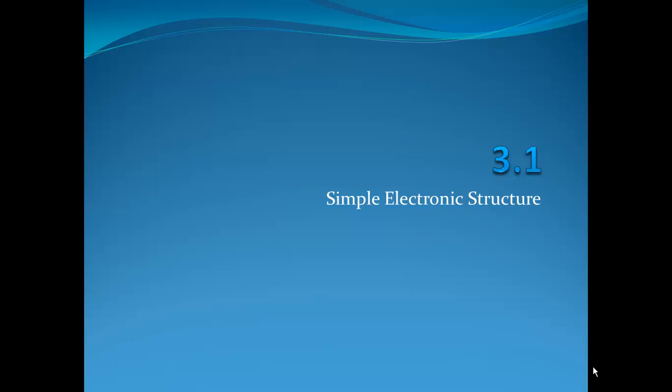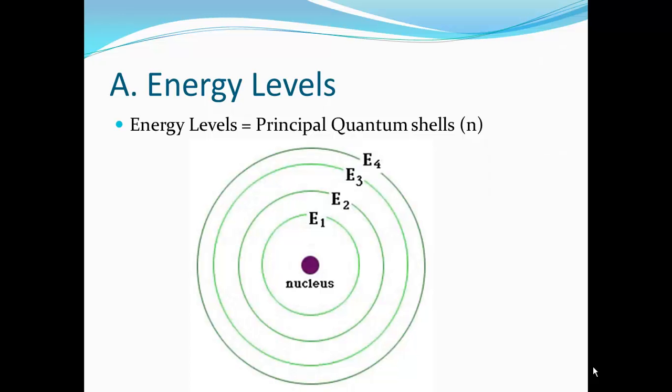So the first one is understanding the simple electronic structure of an atom, basically the Bohr method. It's simple, it's not the method of now, but it's the first understanding of what's going on with an electron in an atom. So you have basically principal quantum shells, so energy levels.